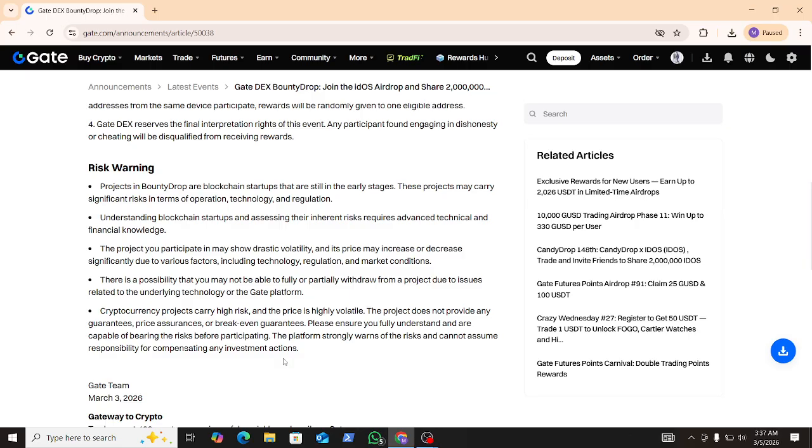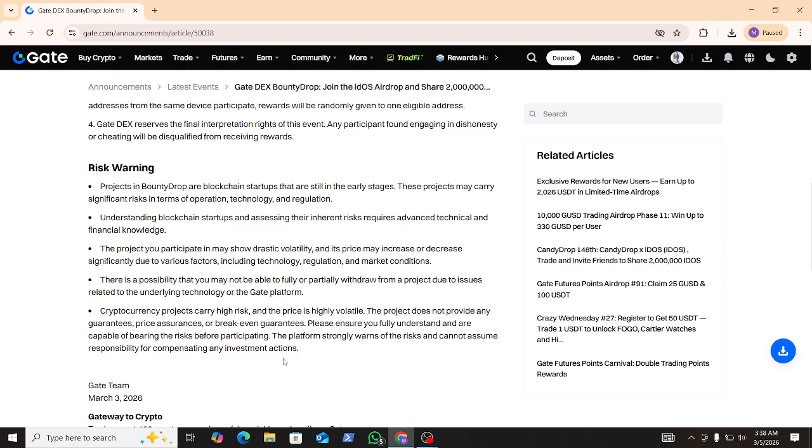Understanding blockchain startups and assessing their inherent risk requires advanced technical and financial knowledge. The projects you participate in may show drastic volatility, and their price may increase or decrease significantly due to various factors, including technology, regulation, and market conditions.